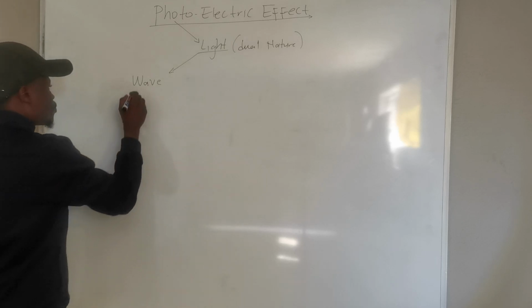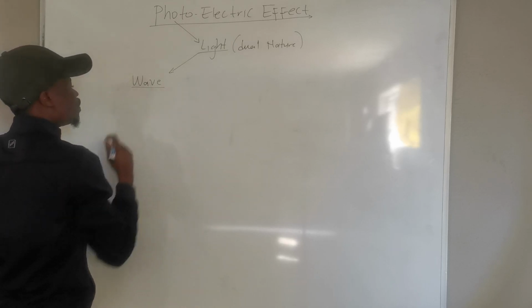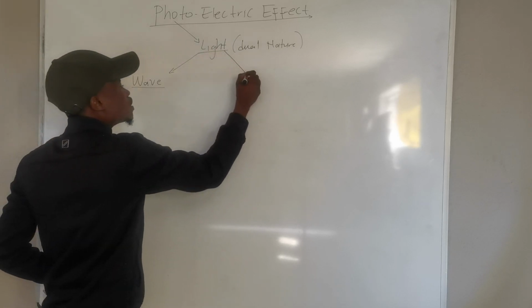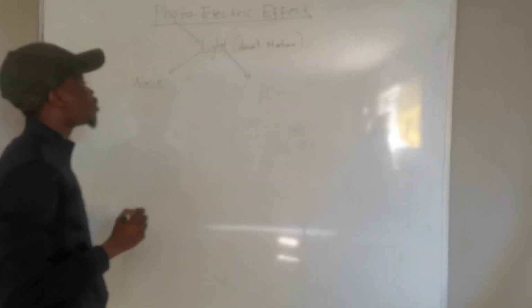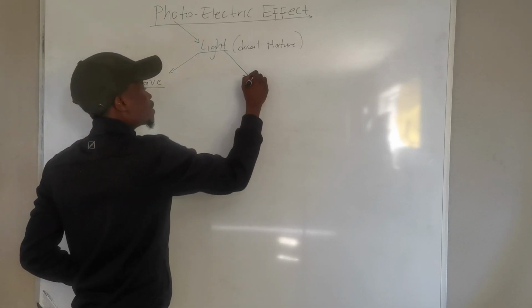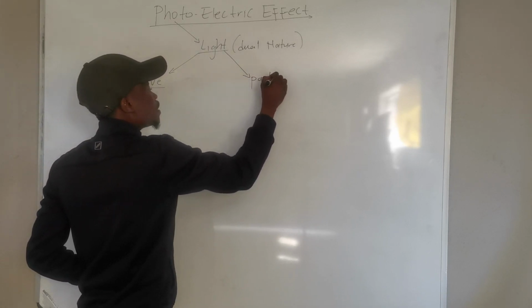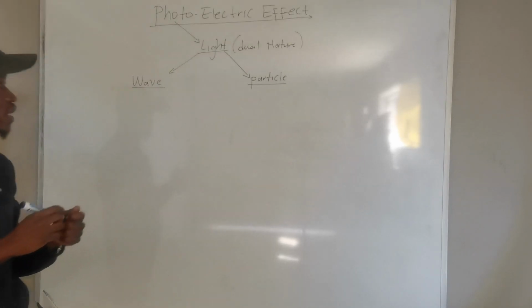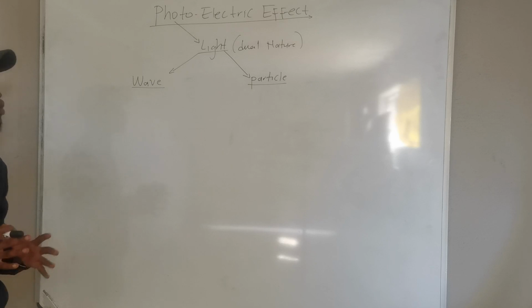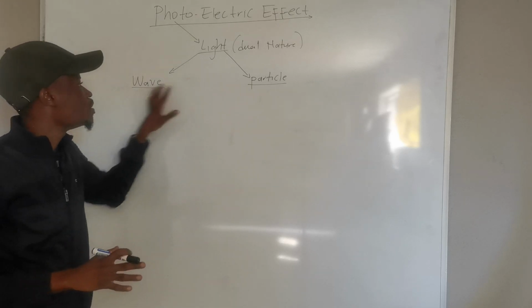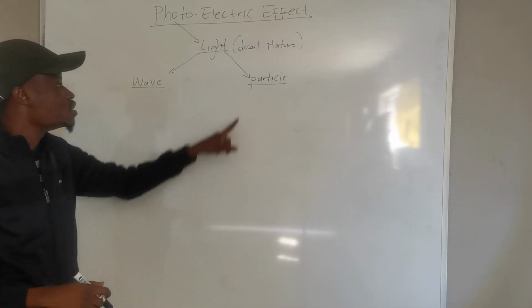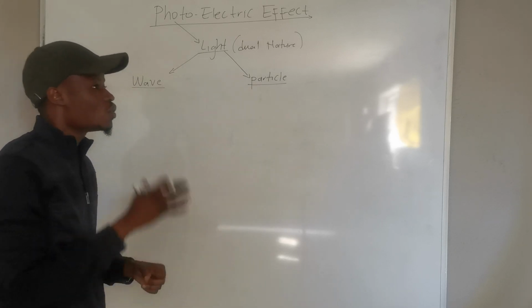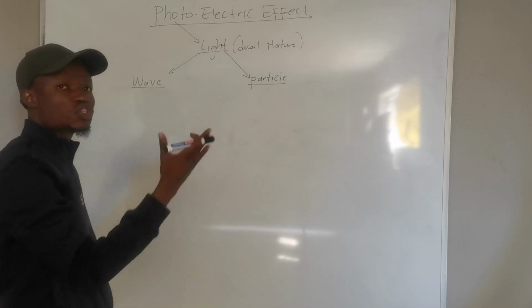The first one is the wave nature of light. Then the second one, which is what gives us this particular topic, is the particle. Light can be seen as a particle. Perfect. So now let us look at that dual nature of light. We already see that light can behave in two different ways. It behaves as a particle as it moves, because we can see light traveling in a straight line.